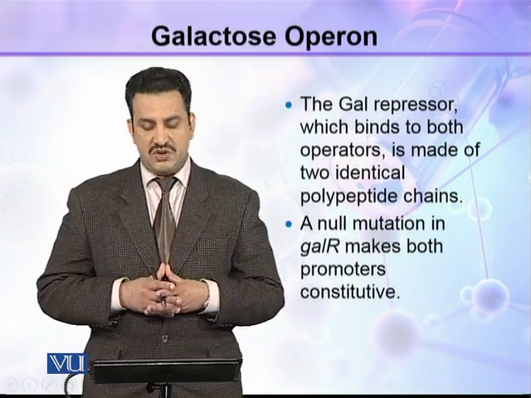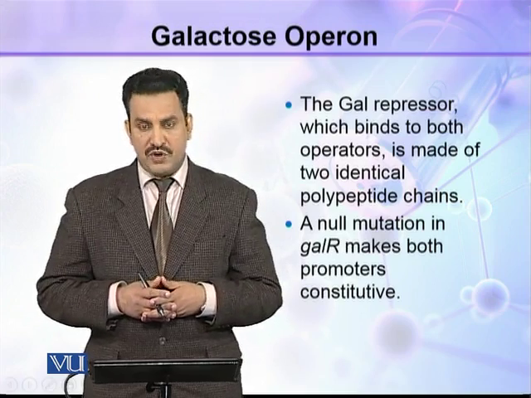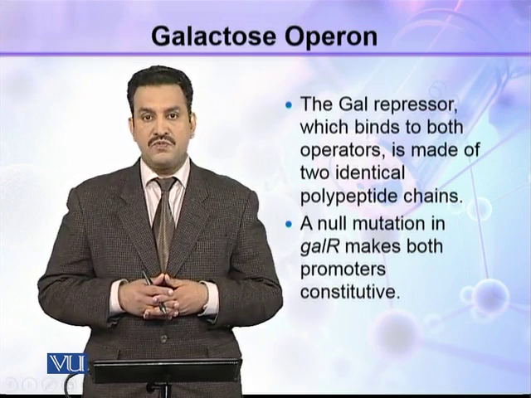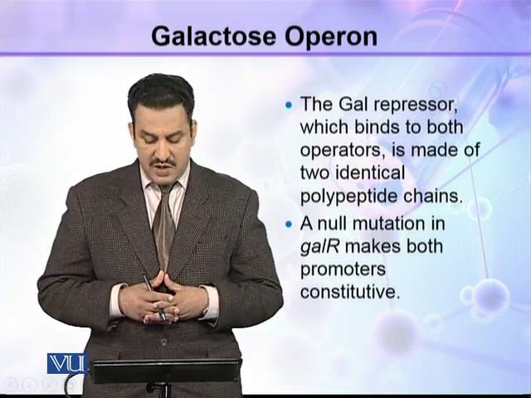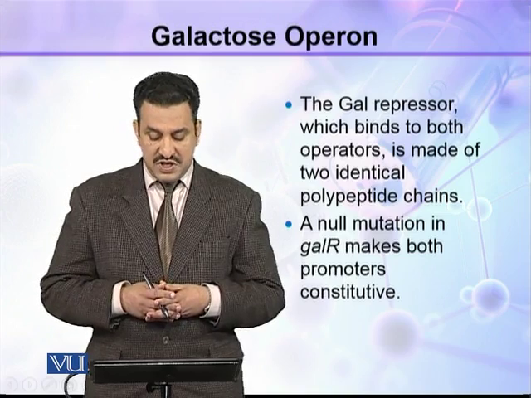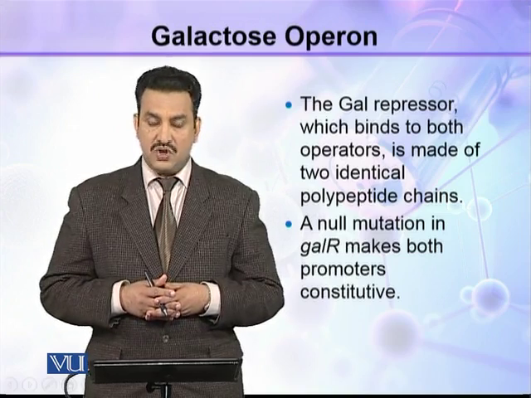The GAL repressor, which binds to both operators, is made up of 2 identical polypeptide chains. A null mutation in GAL-R makes both promoters constitutive.